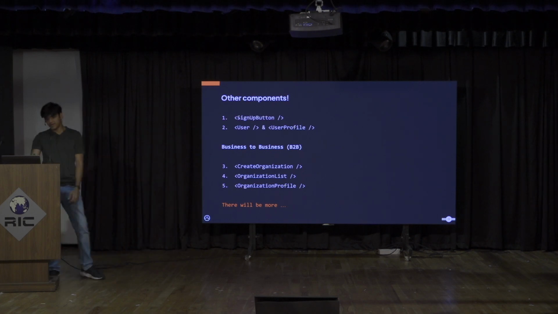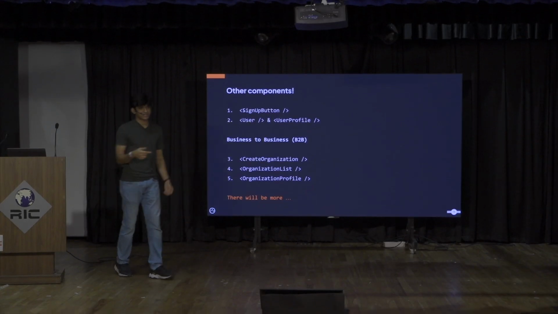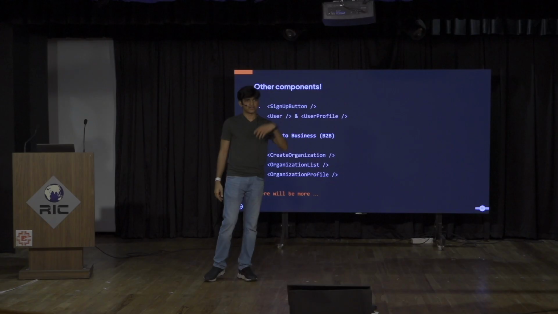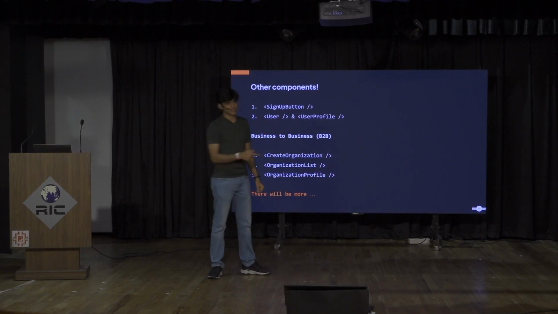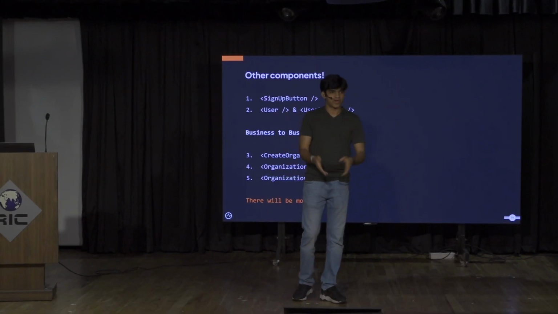There is user and user profile. The user component is for getting the user information. You can extract the first name and last name and render them on your home page. Like when the user logs in, you might want to show some nice text like welcome Vaibhav Hapani.